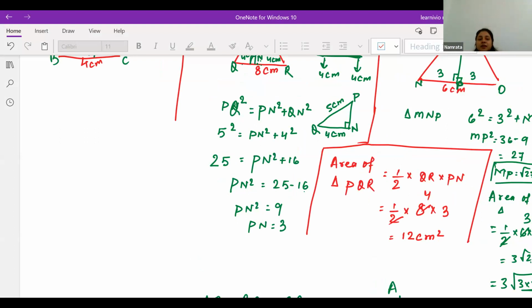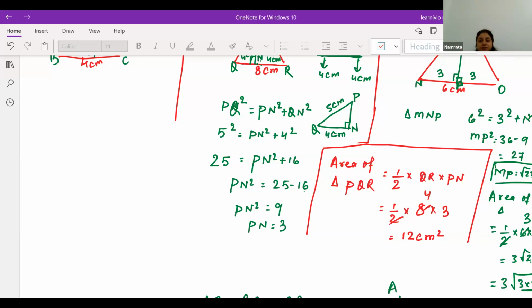Once we have the height in hand, we can go ahead and find the area of the triangle. How do we find the height? We drop the perpendicular and we can see that the perpendicular will bisect the other side. Hence we get a right angle triangle where we can use Pythagoras theorem and easily find the height.